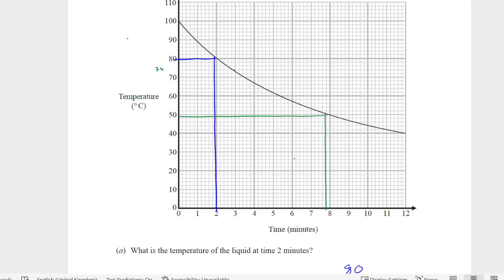So we've dropped a total of 26 degrees there. And then they said between 9 and 12. So between 9 and 12, we've dropped from 46 to a temperature of 40. So it's only dropped 6 degrees. So is she correct? Yes.